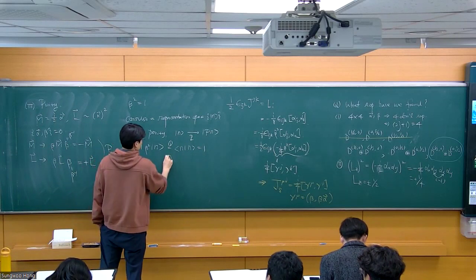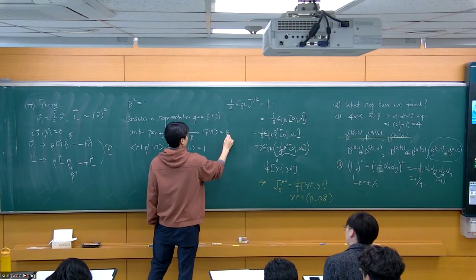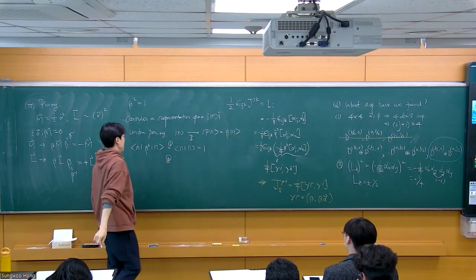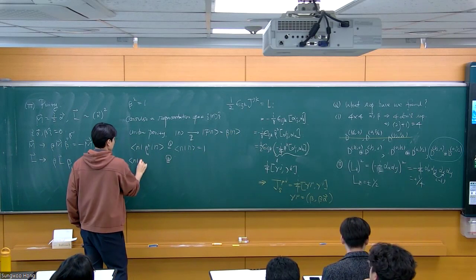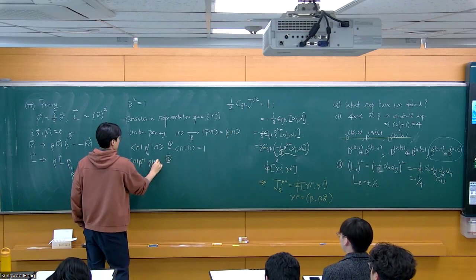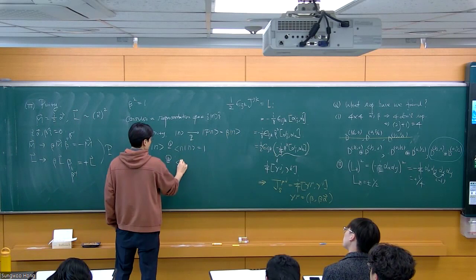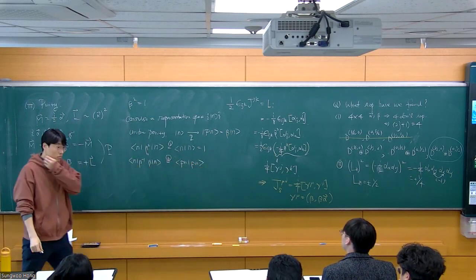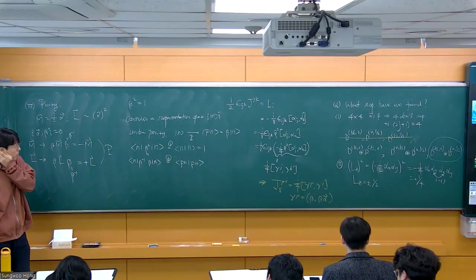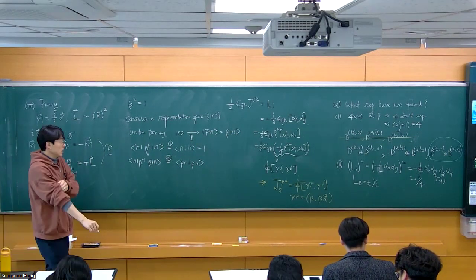On the other hand, this is also read as inverse beta, beta, which is actually a square of the parity operation.